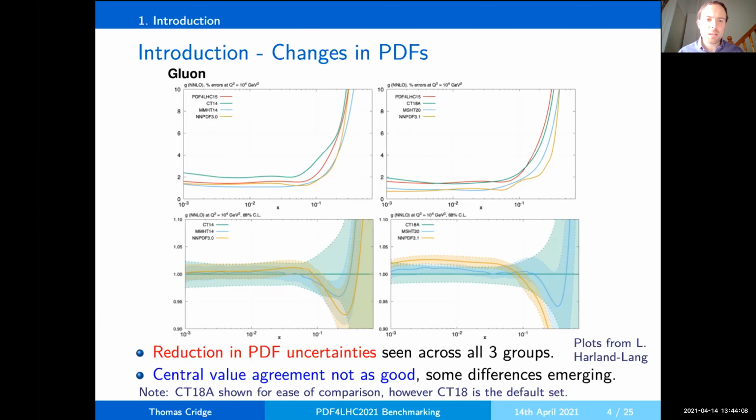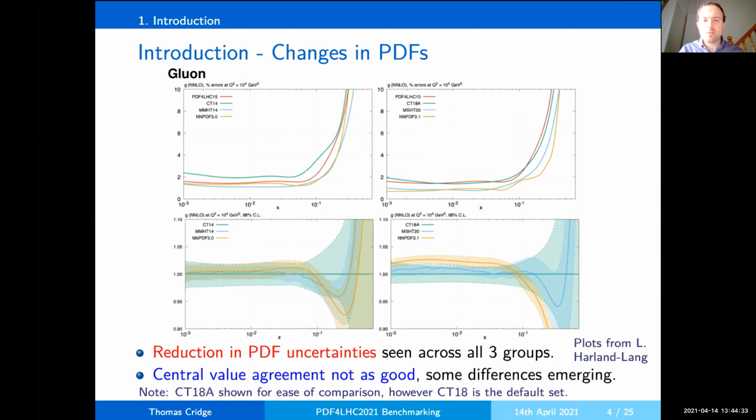So if we look at the uncertainties here, at the top we have the PDFs as they stood at PDF4LHC15, that's CT14, MMHT14, and NNPDF3.0. And if you compare that to the most recent PDF sets on the right, MSHT20, NNPDF3.1, and CT18A, where I've chosen A here because it includes the ATLAS 7 TeV W/Z data.